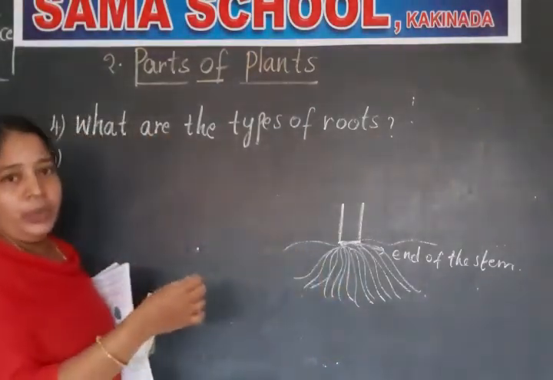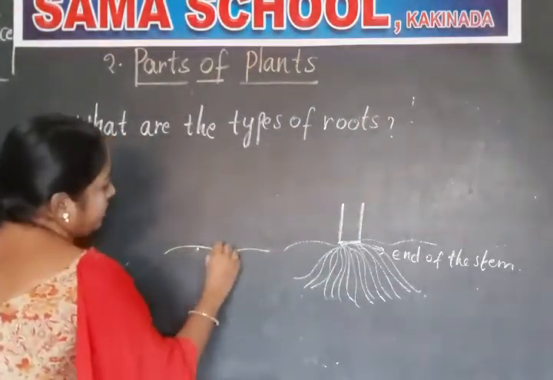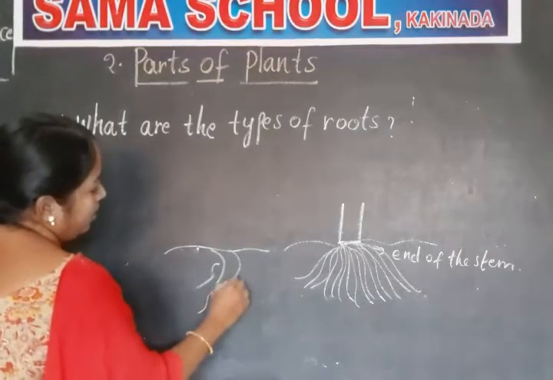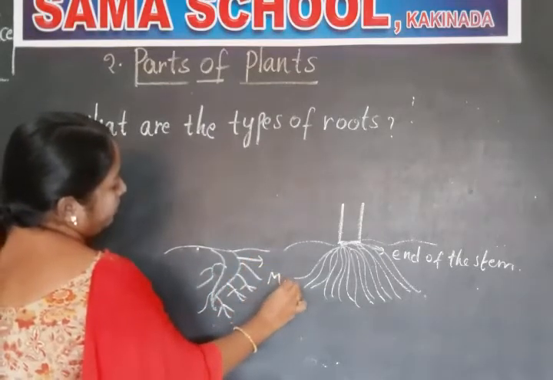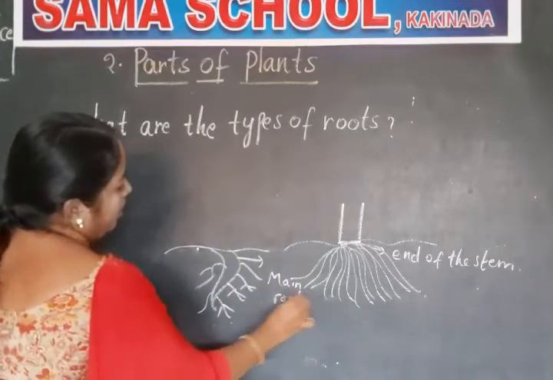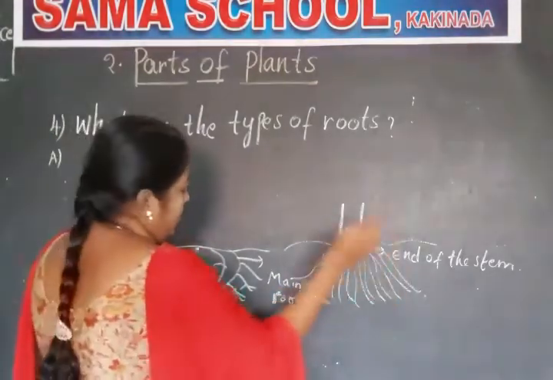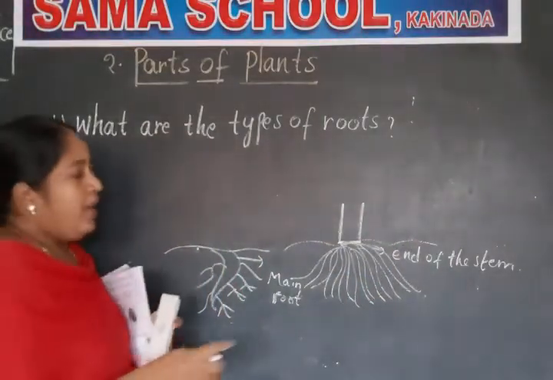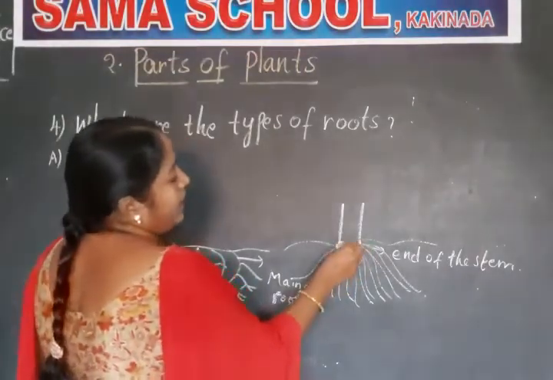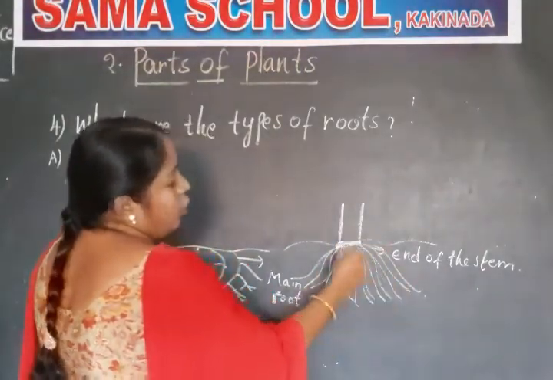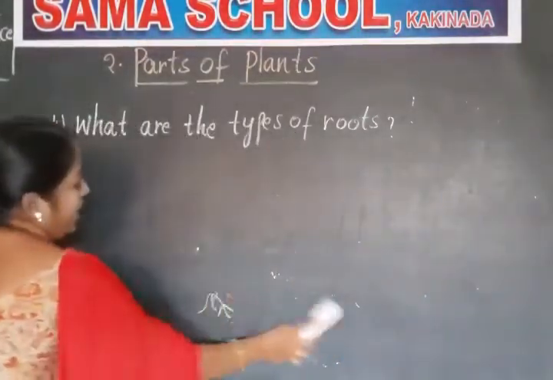This is fibrous root. In taproot, there is a main root, and from the main root, small roots arise. Whereas in fibrous root, there is no main root, just lots of roots arise from the end of the stem, thick or bushy in appearance.